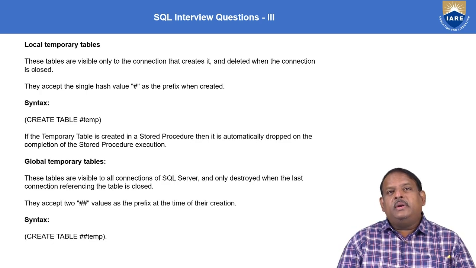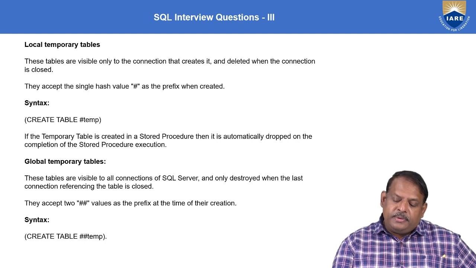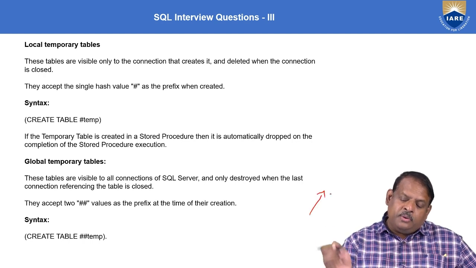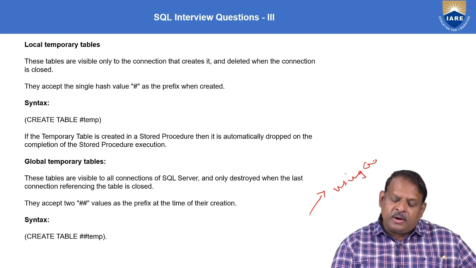Local temporary tables are visible only to the connection that creates them, and are deleted when the connection is closed. That means you connect to the server using some credentials and start working on the database.